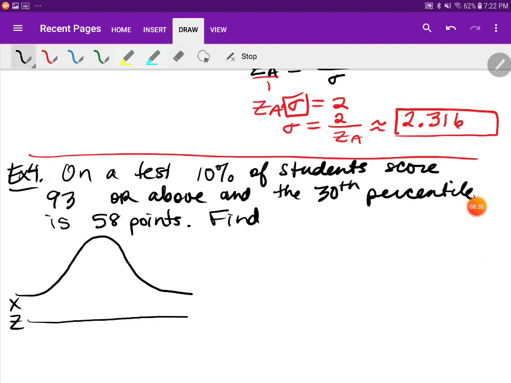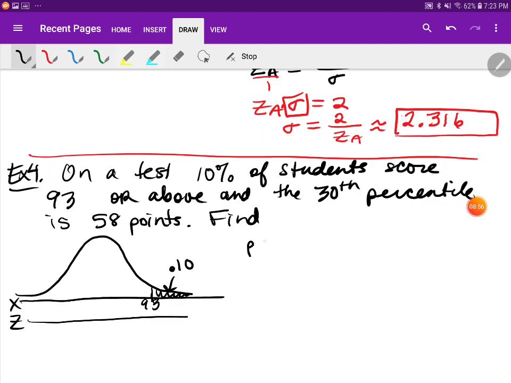So here's my line. So 10% score above 93. So this would be 93, and this would be 10%. So that's the area, or the percent.